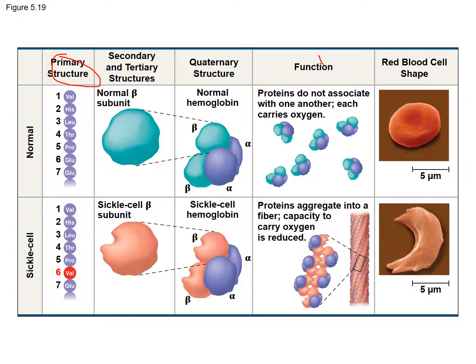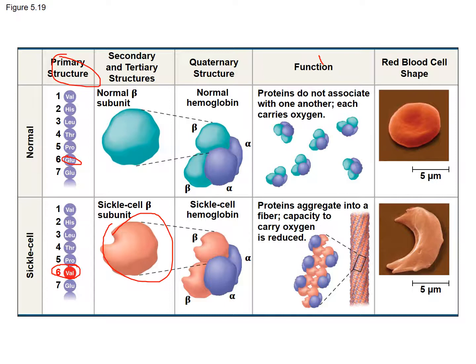This mutation takes that glutamine and replaces it with valine, 1 amino acid change. Gives you this abnormally shaped beta subunit. Incorrect shape, but it still associates 2 betas to 2 alphas.